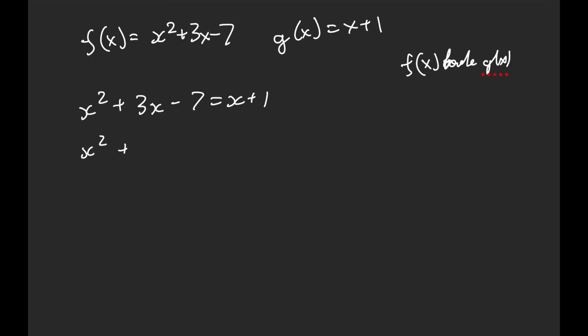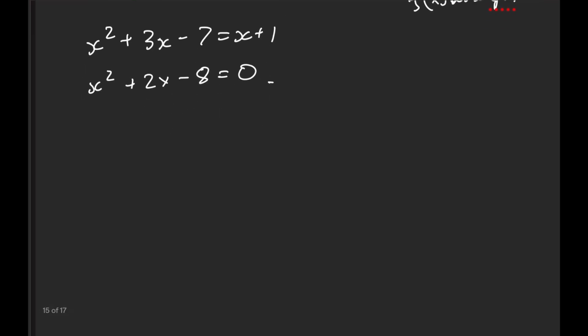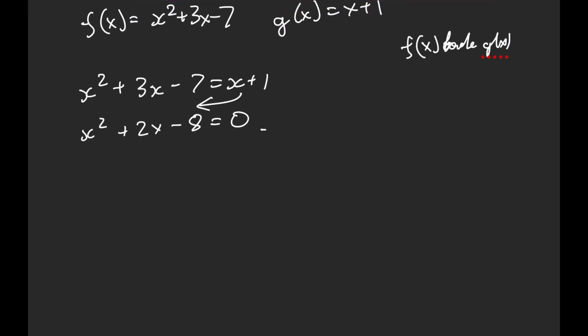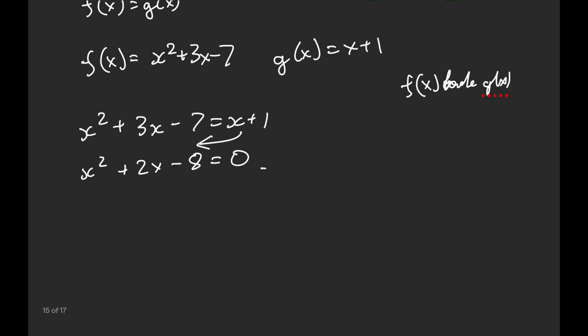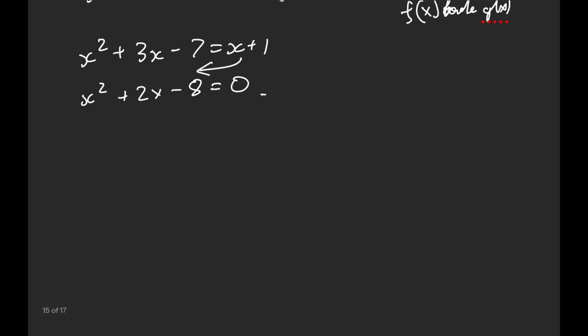So first things first, we're going to need to factor the quadratic expression. I just shifted this side over using addition and subtraction. So in this case, this is going to break into the factors of x plus 4 and x minus 2 equals 0.